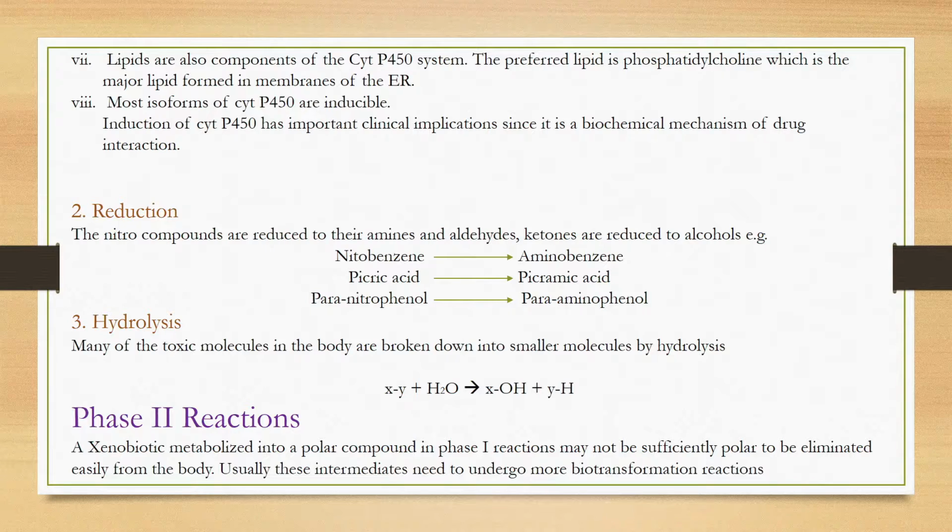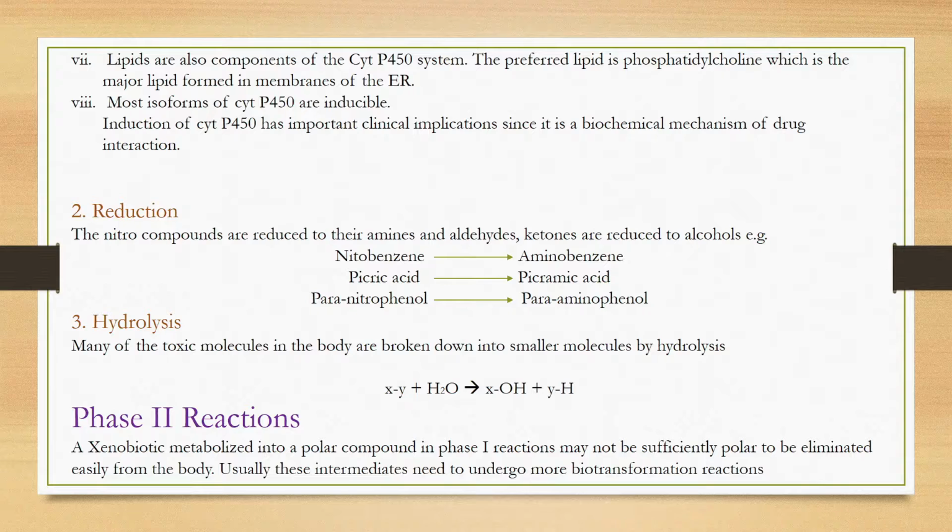The mechanism of induction has been studied extensively and in most cases involves the increased transcription of mRNA for cytochrome P450. However, certain cases of induction involve stabilization of the mRNA, enzyme stabilization, or other mechanisms such as an effect on translation.